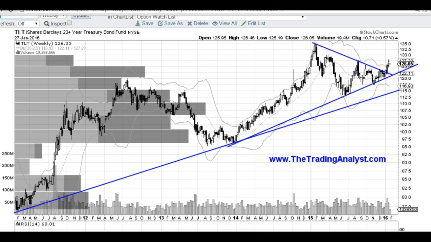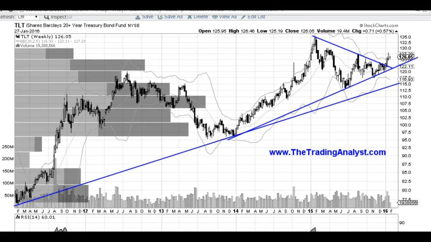So let's get into the TLT chart here. A couple reasons. First of all, I do think it's heading higher, much higher than where it's at right now. I want to point out we've got this uptrend line here, the slower moving uptrend line, and then we've got this faster moving uptrend line right here. It started in the end of 2013.